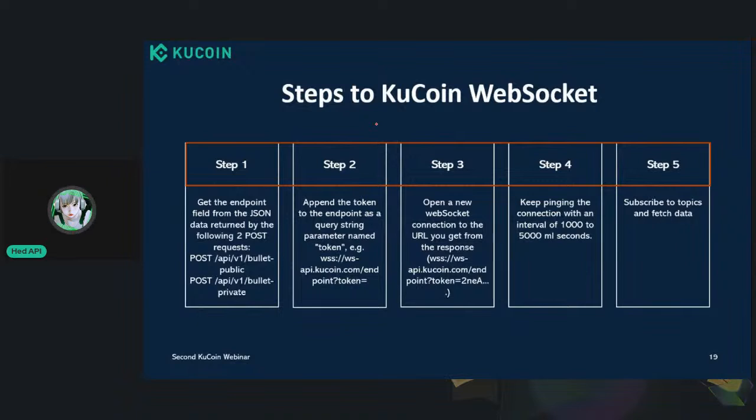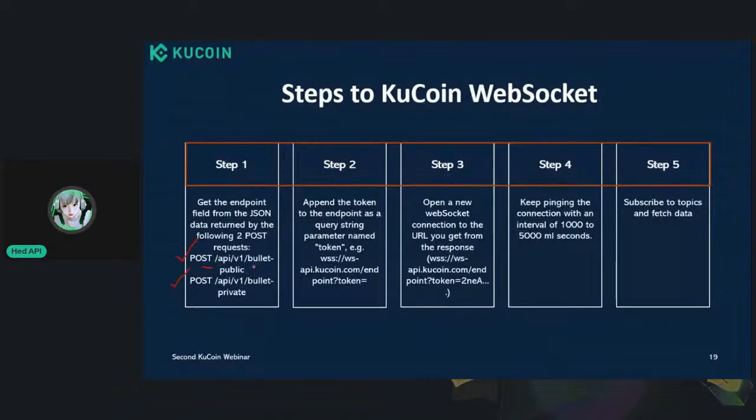If you want to implement the code for your WebSocket client all by yourself and not use the SDKs that we have provided for you, these are the steps that you have to take. The first step is getting the endpoint and also the special token that the web server sends you, by sending a POST request to these addresses.